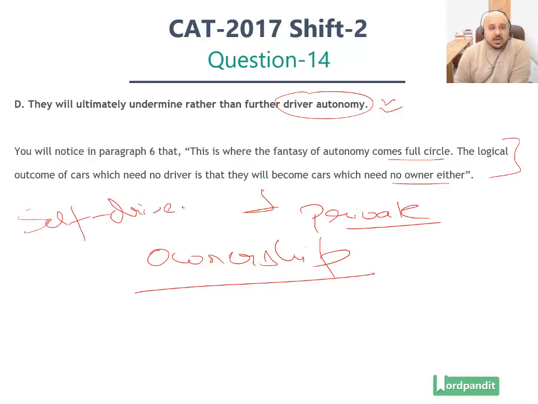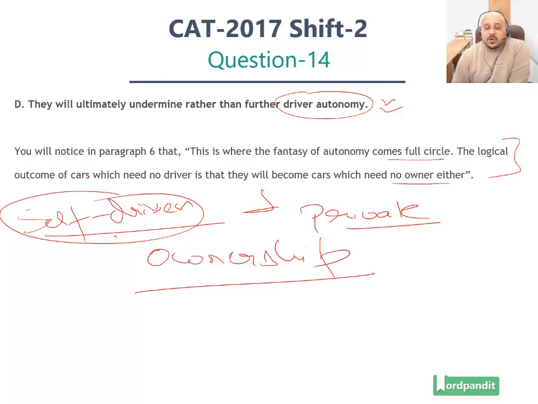We will reach a technology when cars will be self-driven. Those are going to impact autonomy, not electric vehicles in themselves. So it's the concept of self-driven cars that is going to hurt driver autonomy and not electric vehicles. So this is a very, very subtle change in the passage, and this is why option number D is incorrect. This is tough to spot in the given time constraints, and this is generally a difficult question.